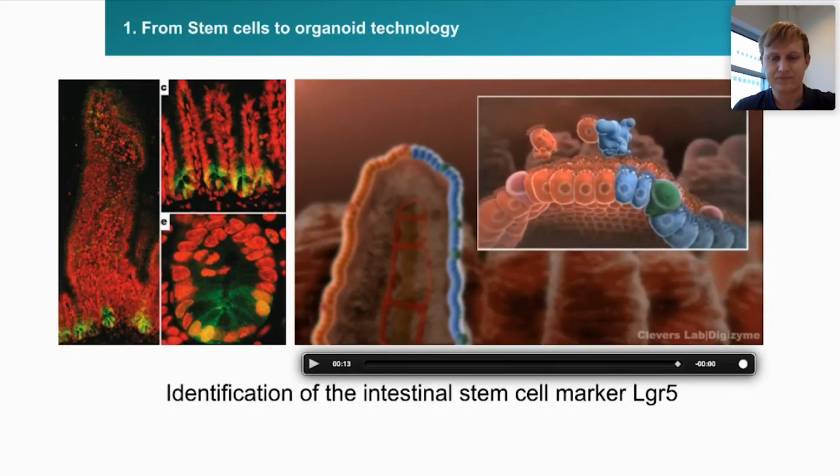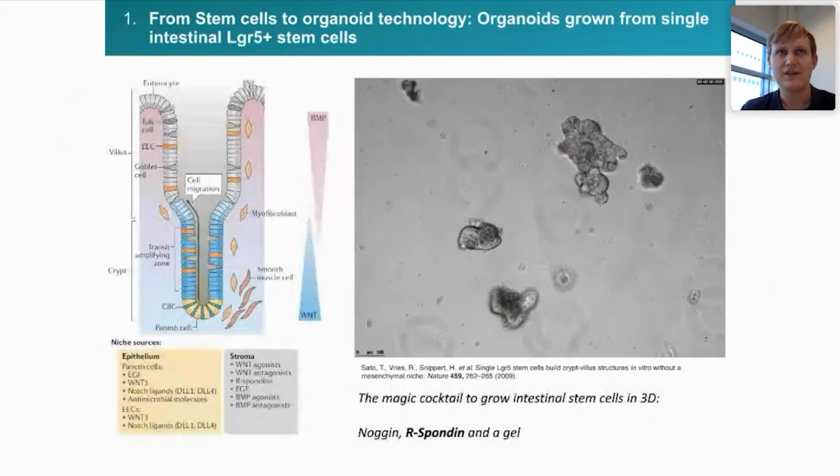The next key experiment for the generation of organoids, as we know them today, was that you can extract these cells based on this cellular marker, and grow these single cells in a specific environment that mimics the situation in vivo.